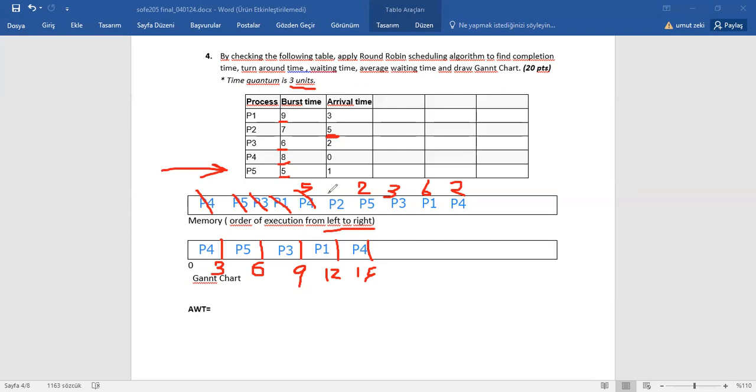Then P2 will be executed. It is 18. So I will write here P2. P2 was 7. 7 minus 3 will be 4.